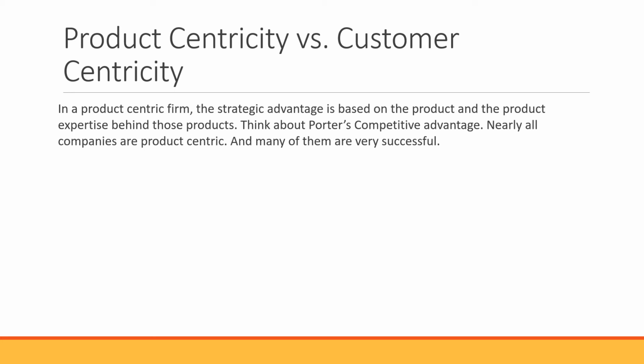So in a product-centric firm, the strategic advantage is based on the product and the product expertise behind those products. Think about Porter's competitive advantage. This is really all about that idea of expertise and valuable products.